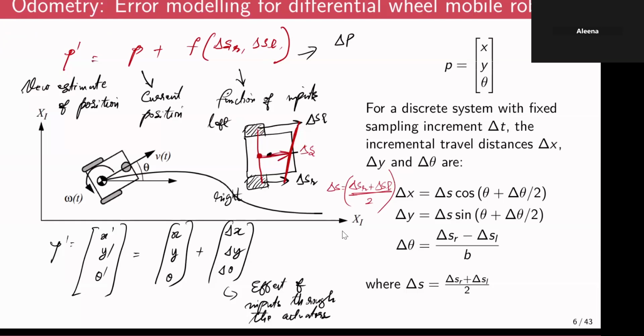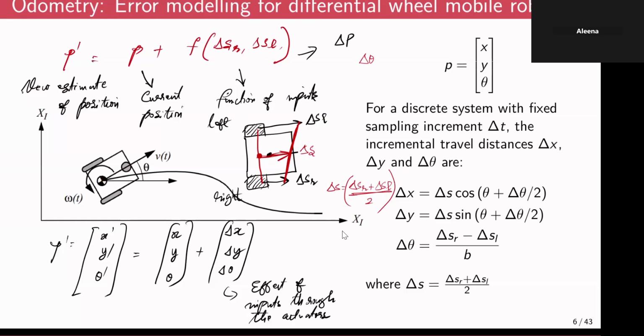And another thing is what we call delta theta. It's nothing but the incremental rotation of the mobile robot with respect to the z-axis.